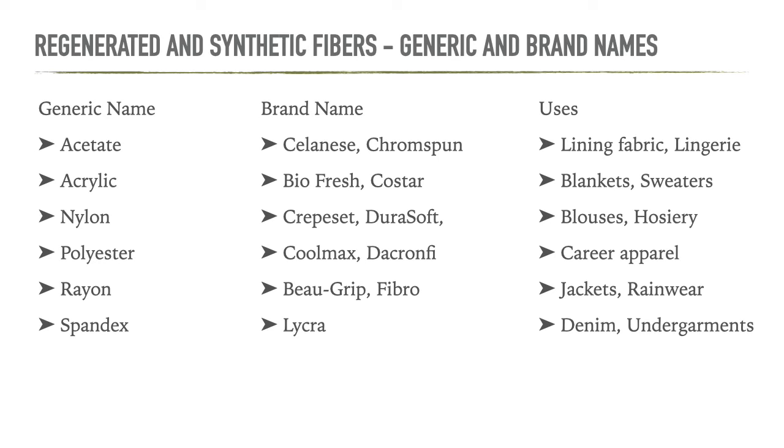Generic names have been assigned to 25 regenerated and synthetic fibers. Variants can be created and given a brand name. Let's review this slide for the generic and brand names of synthetic fibers and their end uses. Do keep in mind that this is not an exhaustive list. See pages 89 and 91 in your textbook for more information.